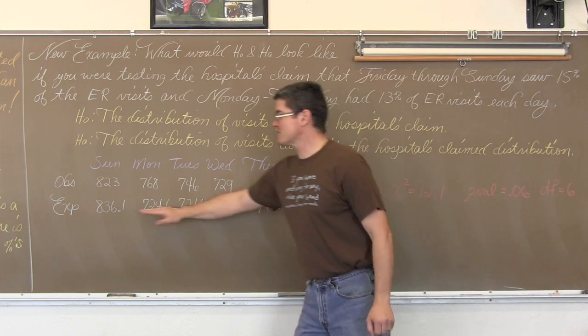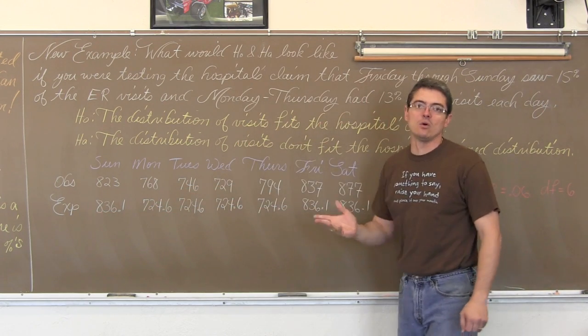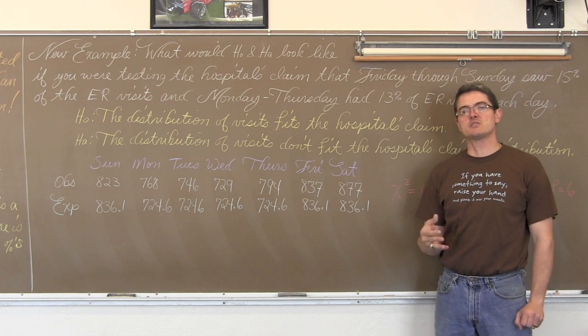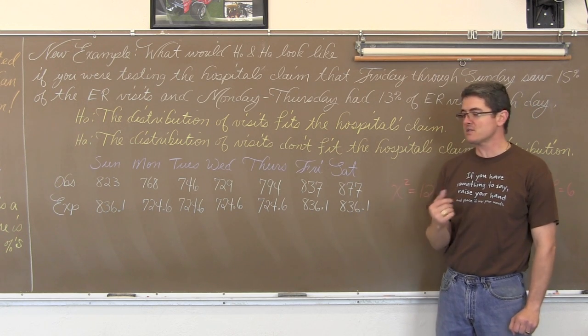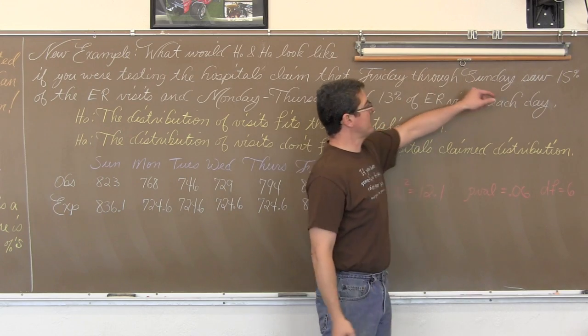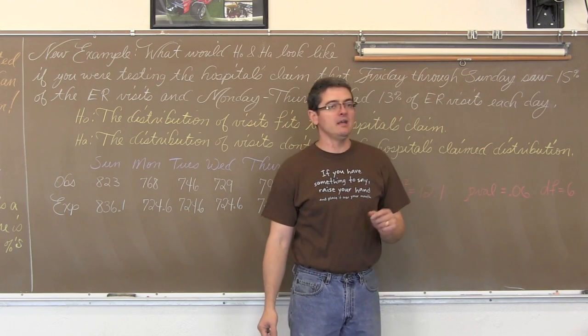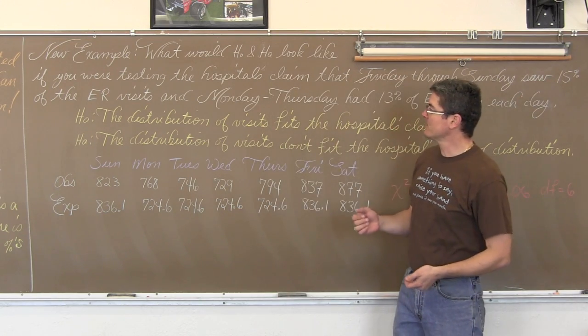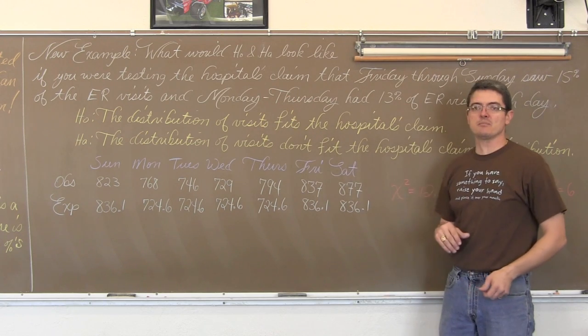But here, our expected cell counts are not all equal, because we're not just looking for a relationship between day of the week and ER visits. We have a claim that Friday through Sunday sees 15% of all visits per day, and Monday through Thursday sees 13%.